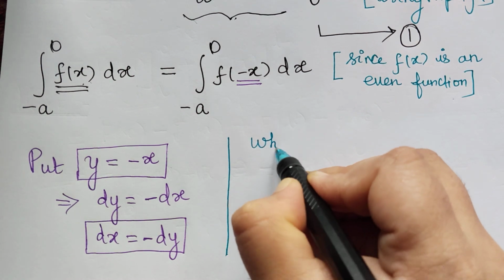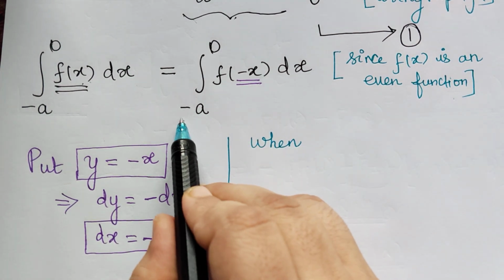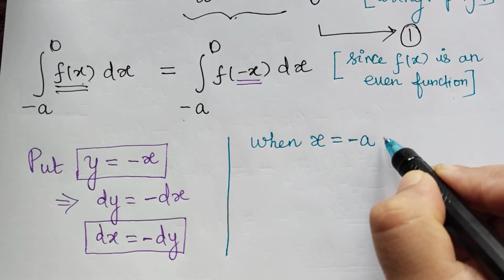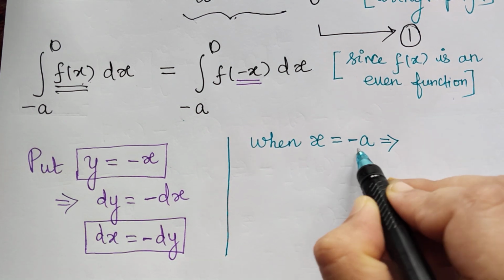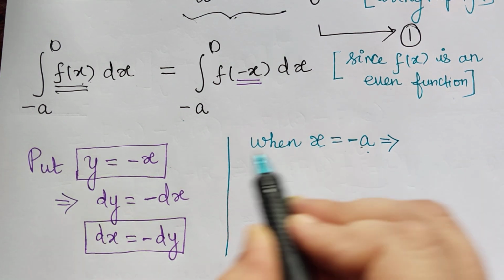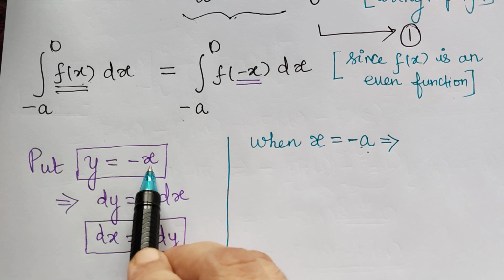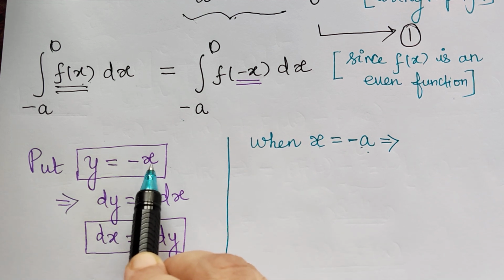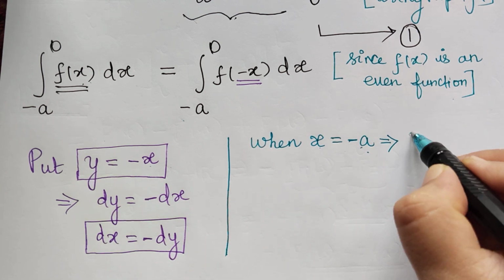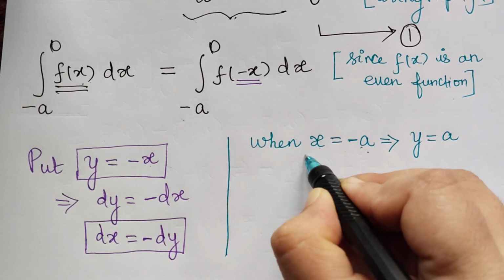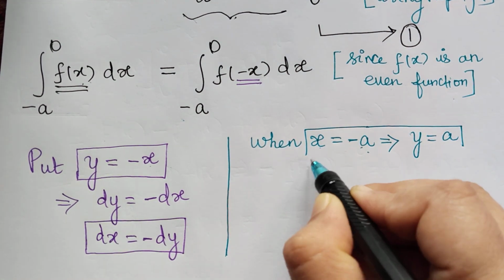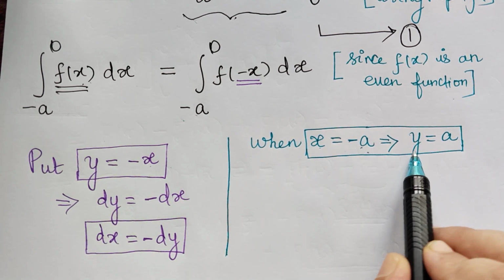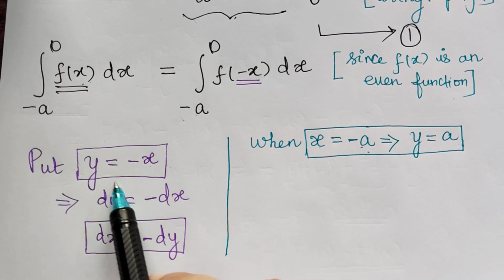Now here, what is the lower limit? Minus a. That means x is equal to minus a. What is the limit for y? We have to check. So when x is minus a, if we put minus a in place of x, we get minus into minus, which is plus, and we get a. So y will be equal to a. So this is the lower limit. When x is equal to minus a, it has changed to y equal to a on substitution.